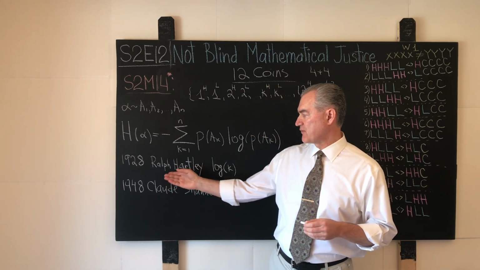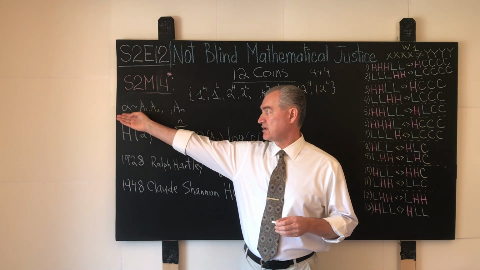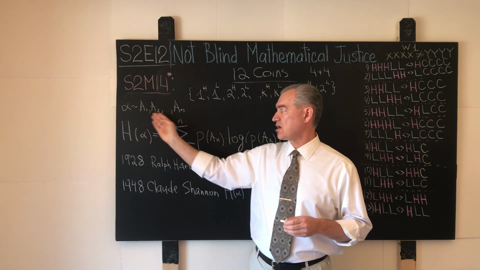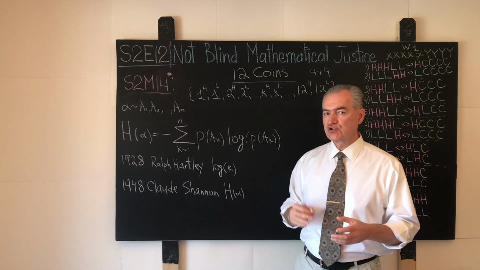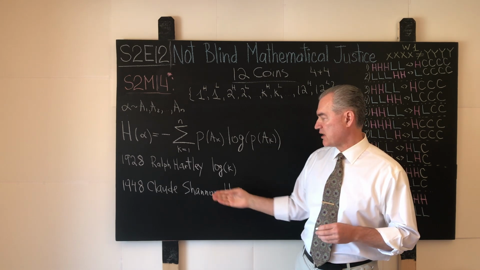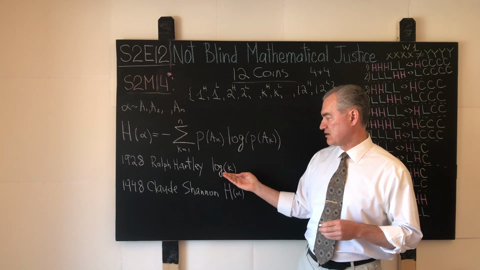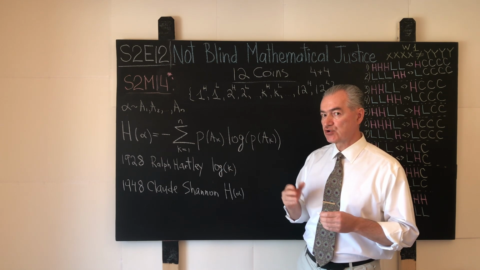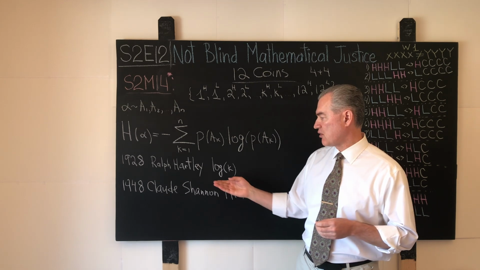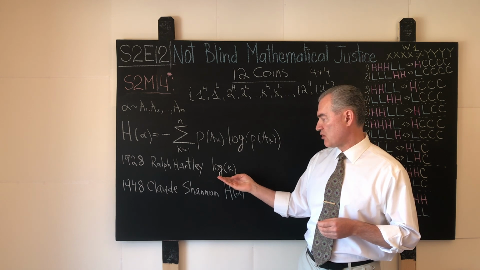The American Ralph Hartley in 1928 suggested that if a particular experiment, say named alpha, has a number of outcomes A1, A2, and so on, AN, then the level of uncertainty about a specific outcome can be measured with the logarithmic function. If that experiment can have k different outcomes, then the measure of uncertainty about the specific outcome of this event can be measured with the logarithm of k.